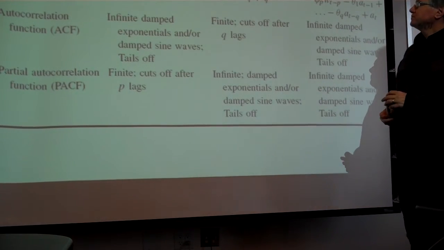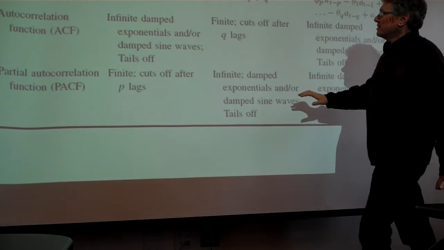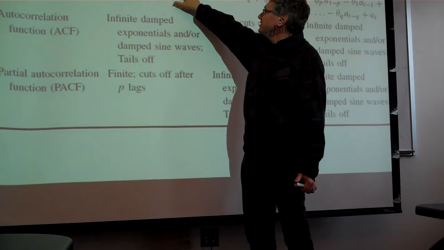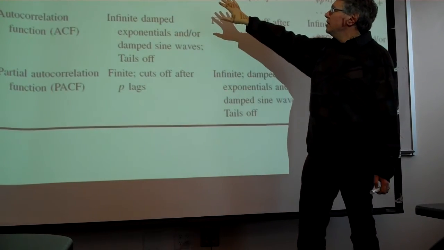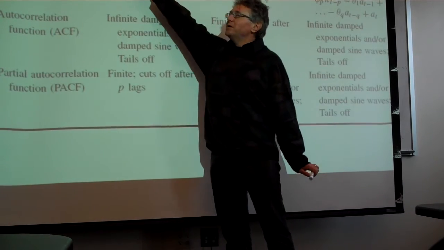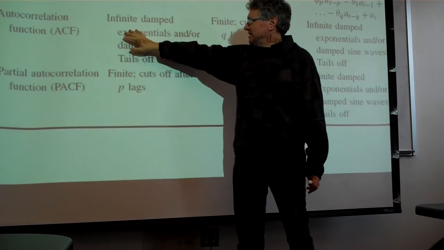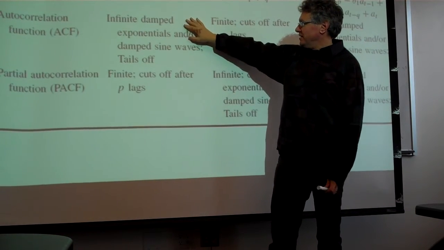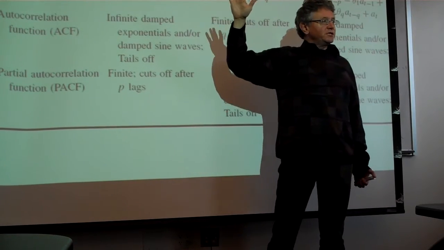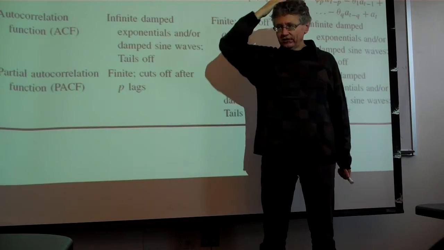So, here's the summary. Here's the AR model, and conventionally we use p to represent the number of autoregressive terms. The ACF has a damped exponential pattern or damped sine wave pattern that tails off gradually.